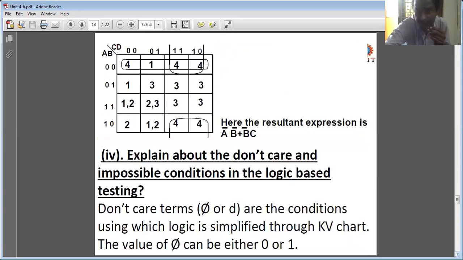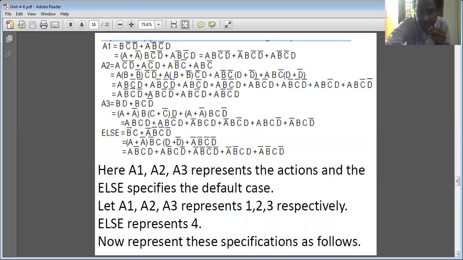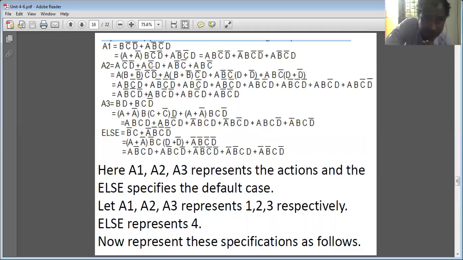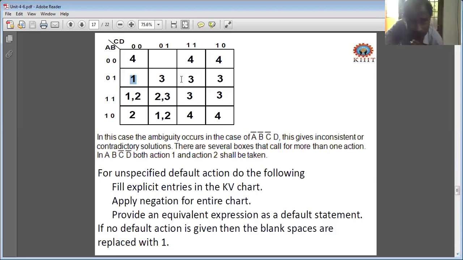Then next, A bar B C bar D bar, and so on. So we have totally four expressions. A1 is the first expression, A2 is the second expression, A3 is the third expression, and else is the fourth expression. Now you specify here 1, 2, 3, 4.